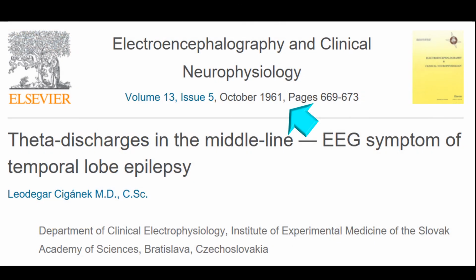This rhythm was first described in 1961. At the time, it was called theta discharges in the midline, and it was linked to temporal lobe epilepsy.